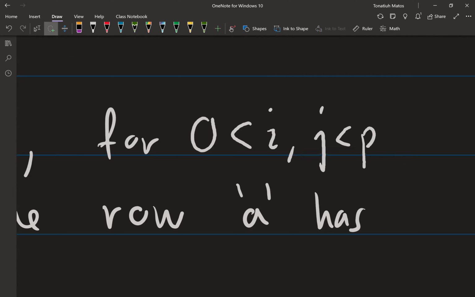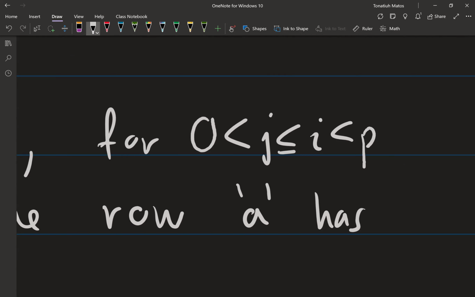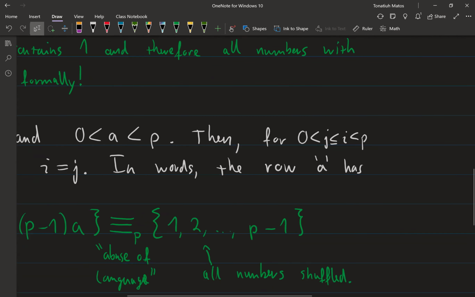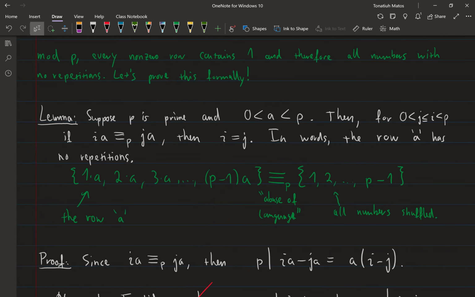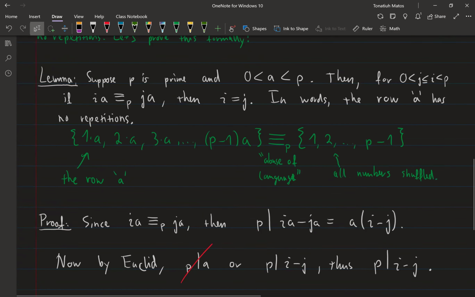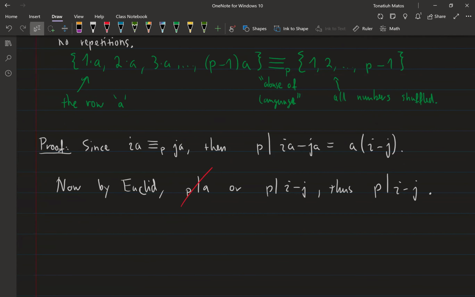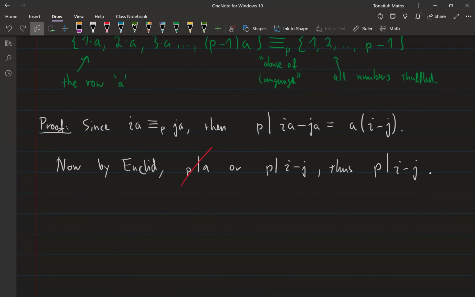Because one of the rows comes first and the other one comes later. So why don't I just write them in order? This is J and then comes I. I can assume that this happens because one of them will be first, the other one will be later or equal. So let's just assume that they're ordered that way, just for the sake of simplicity, so that this is a non-negative number.